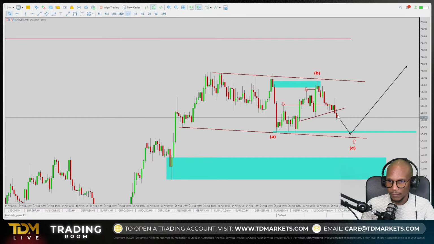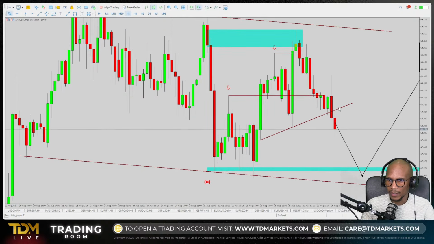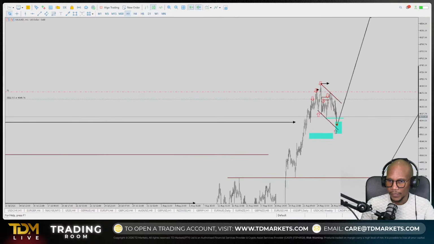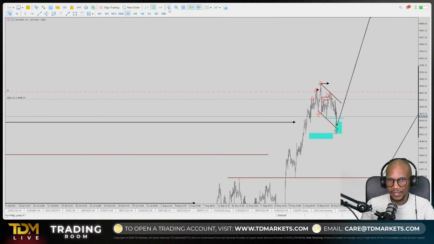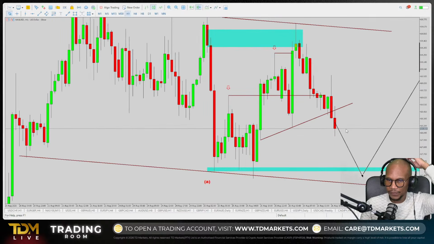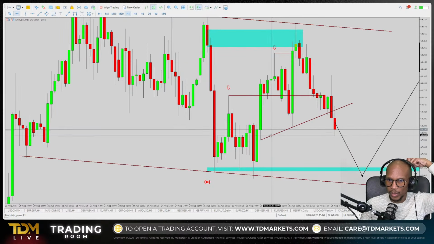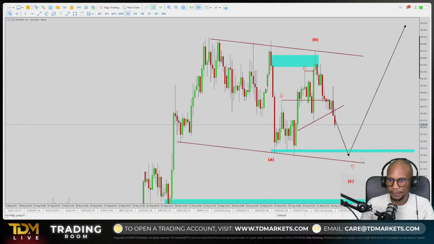Gold is breaking, although I feel like gold will give you a trade back down to this low. Sorry, this is silver. I meant to say gold is gone, but silver has the potential to give you a trade. With gold, if you're not in it, just leave it as it is. But silver is the one. We broke out of this, so we're coming back down to this low.